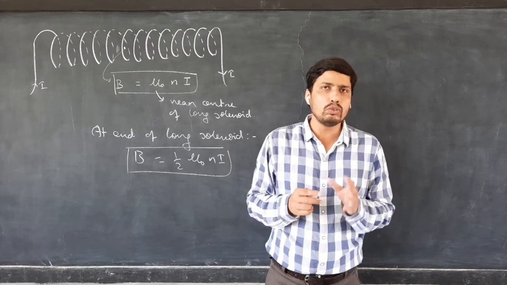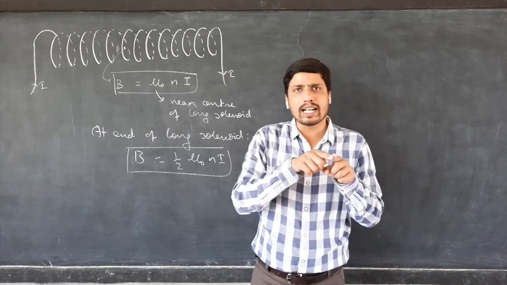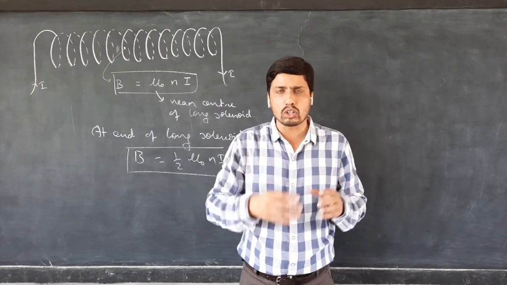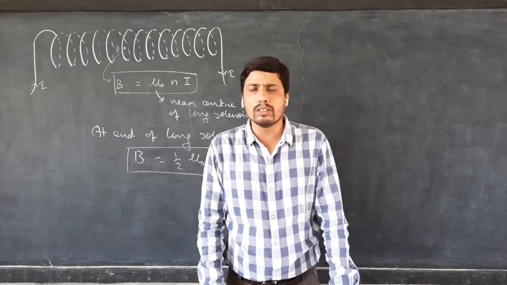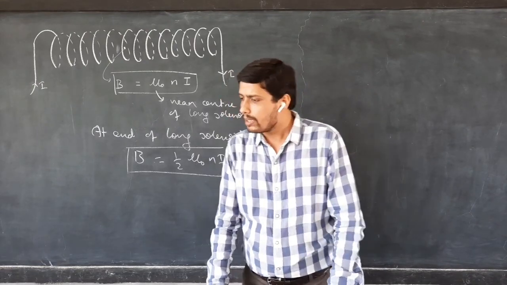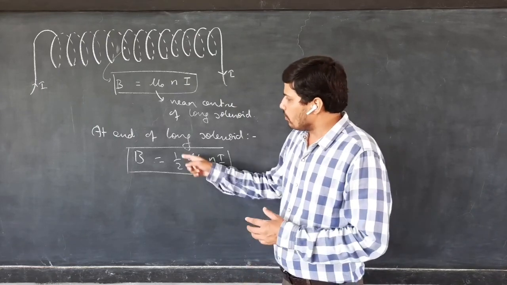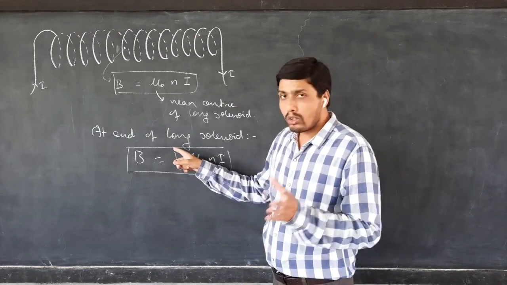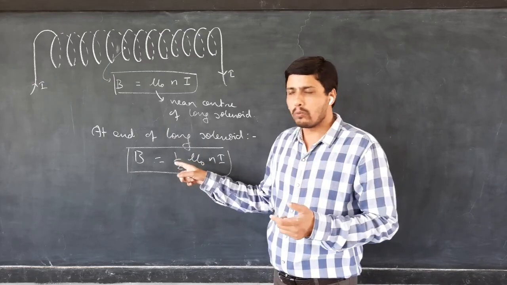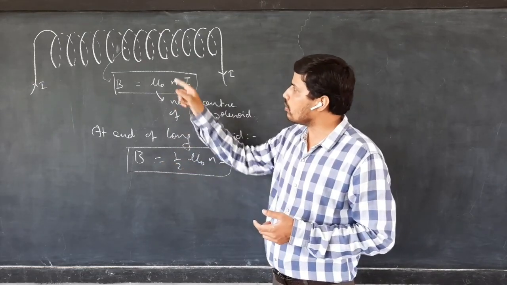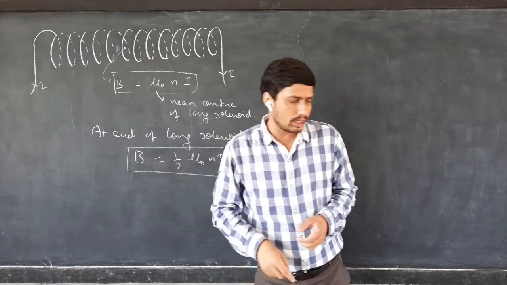That formula we will use for finding the magnetic field at points on the axis of a solenoid. But that I'll take up in some later class. I'm willing now to discuss without using that rigorous mathematical formula why this magnetic field should be half of the magnetic field at the center.